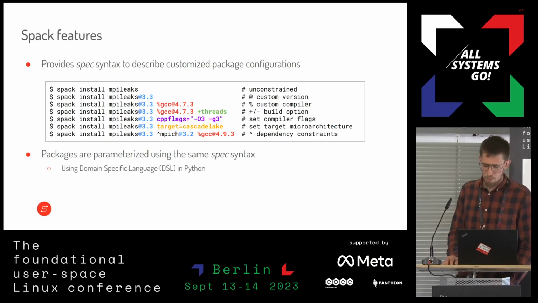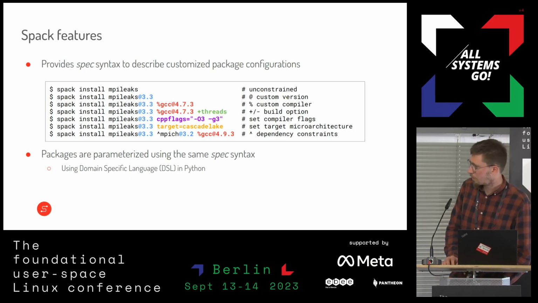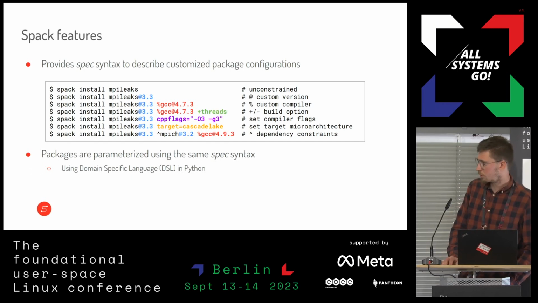And this is how Spack can be used to build and install packages on the system. So, for example, here we are installing the MPLX package. We are doing this on the command line, but we can specify many different options. So, for example, we can use custom versions, custom compilers, enable or disable different options, compiler flags, and even set the target architecture.